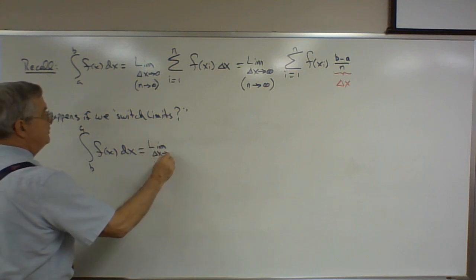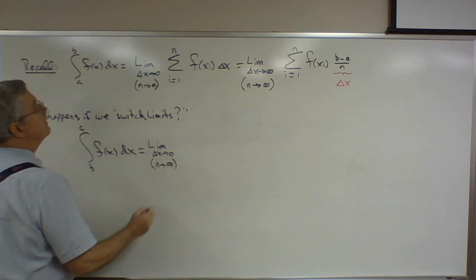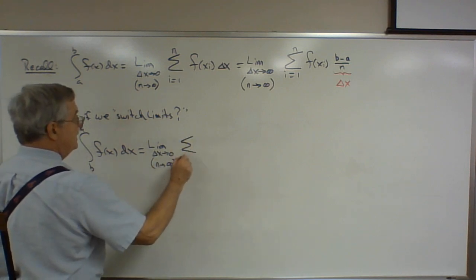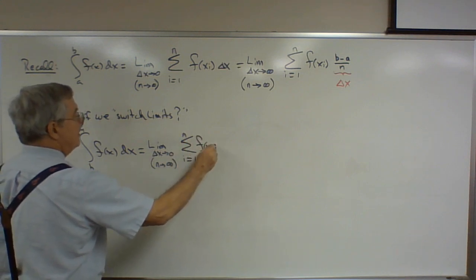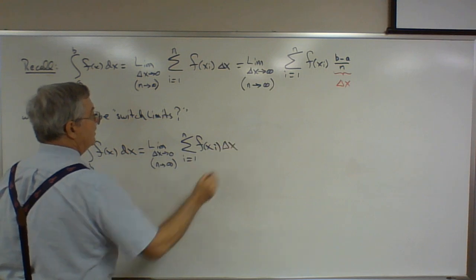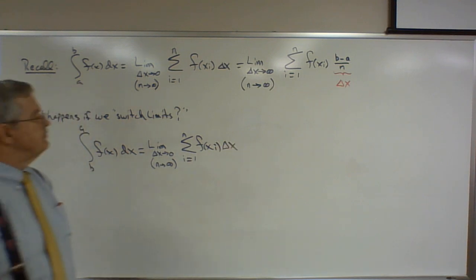Delta x goes to 0, and at the same time, n, the number of rectangles, goes to infinity. Well, so far so good, no problem.